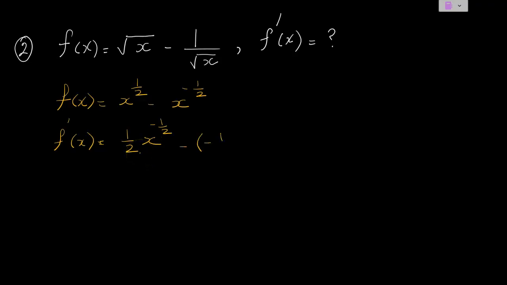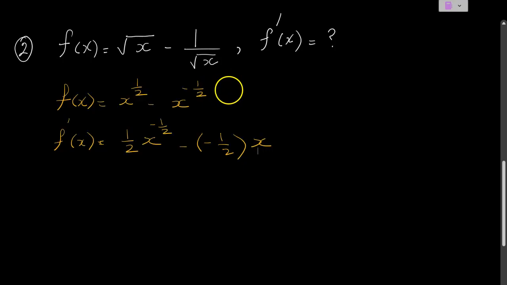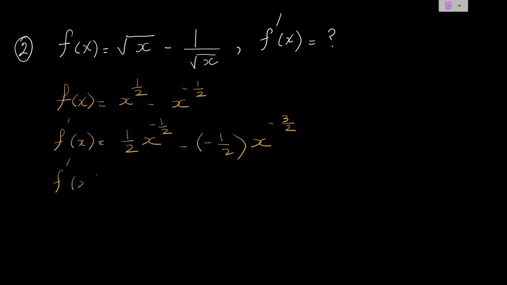Open the bracket, negative 1/2, the exponent comes to the front, x, and then negative 1/2 subtract 1 again, so that would be negative 3 over 2. Very good. Now, let's simplify. You always have to simplify. What you will have is 1/2 x to the negative 1/2, now here is plus 1/2 x to the negative 3/2.